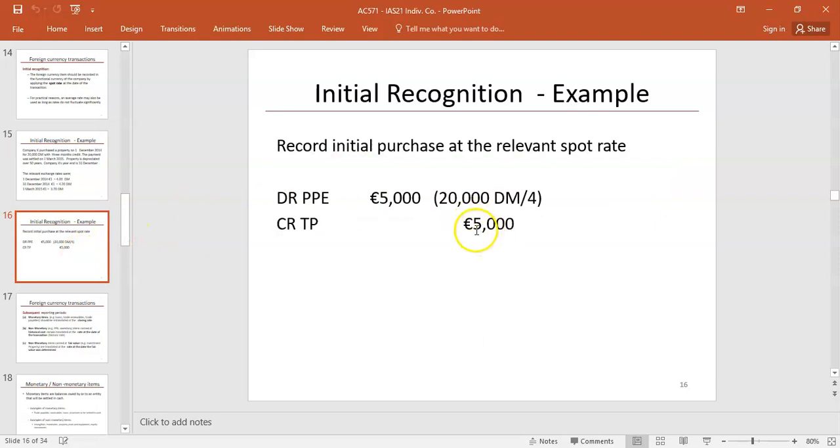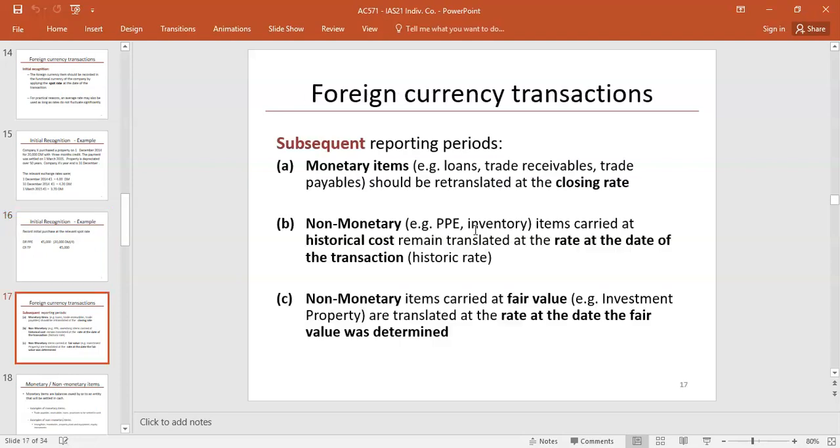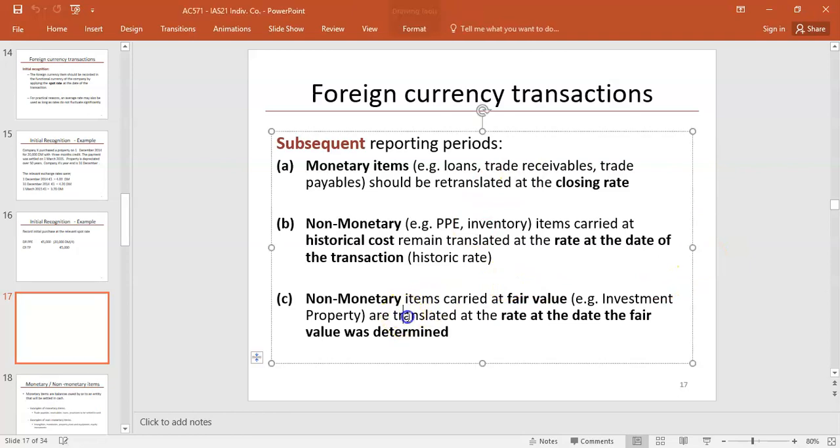So even though the trade payable, as we'll see in a second, will go up or down as the exchange rates go up or down, the non-monetary items like inventory, like property, plant and equipment, will never change. They're recorded at the initial rate and they're left there. So that's a key distinction you need to know when you're looking at IAS 21. And then one other little exception is any non-monetary item carried at fair value, they're translated at the rate on the date the fair value is determined.